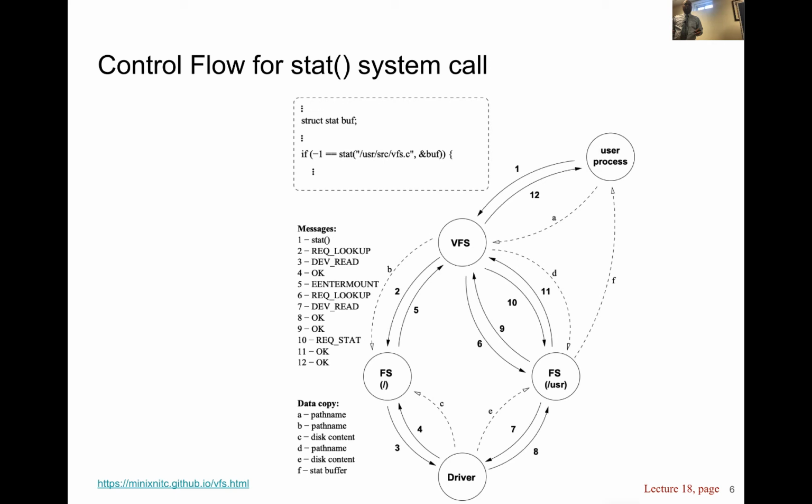So you will see that in this case the request gets forwarded to the /user file server process, and then eventually after it's processed through the device driver, you are going to send back a reply to the VFS process and then eventually to the user process. So multiple system processes are involved in handling the system call, as is typical in most of the calls that are coming to the file system.